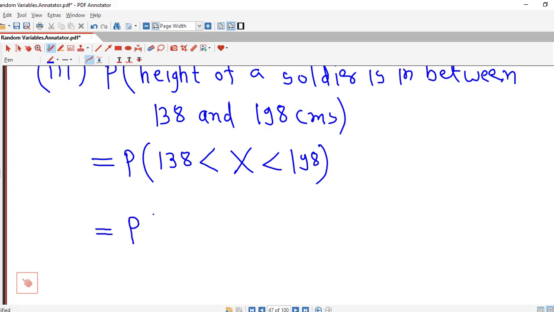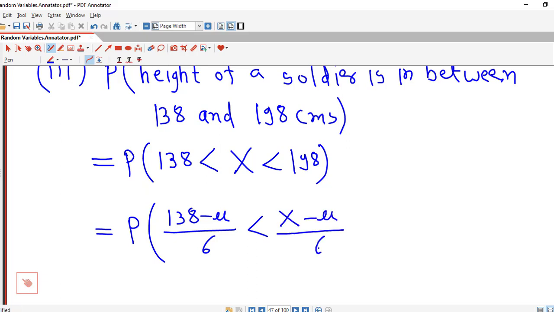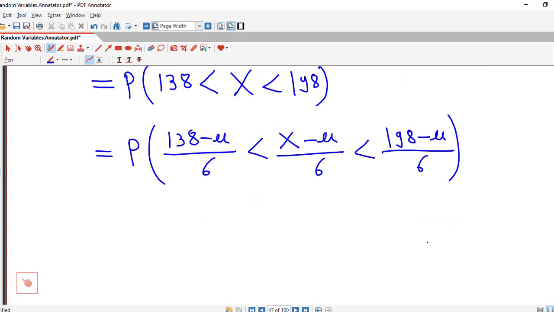This is equivalent to standardizing by subtracting mu and dividing by sigma: 138 minus mu over sigma is less than Z, which is less than 198 minus mu over sigma, and we substitute the values of mu and sigma.